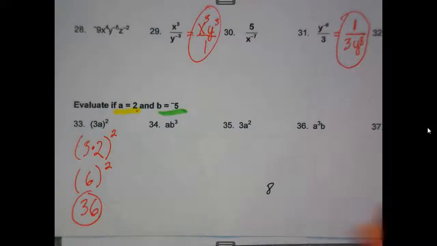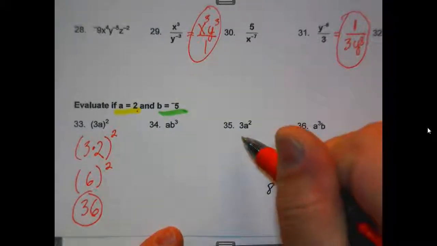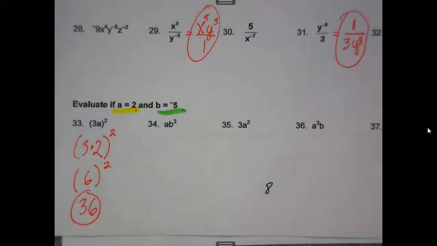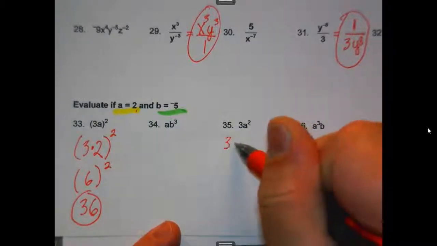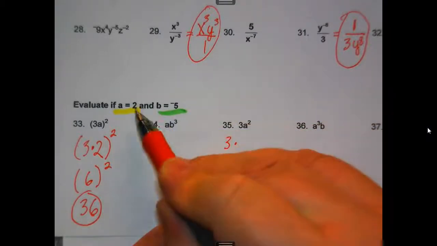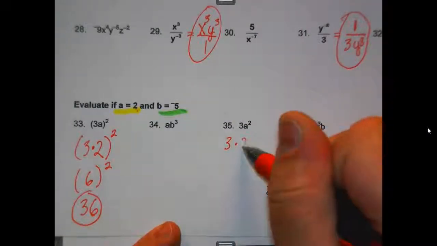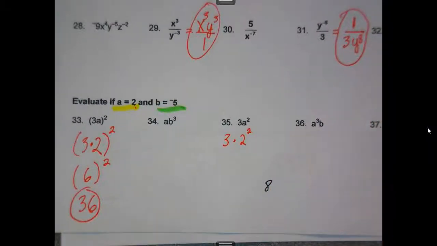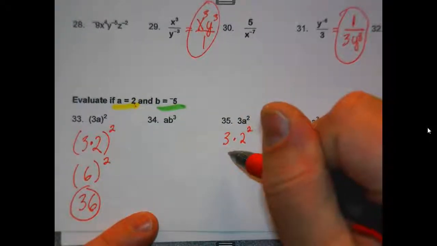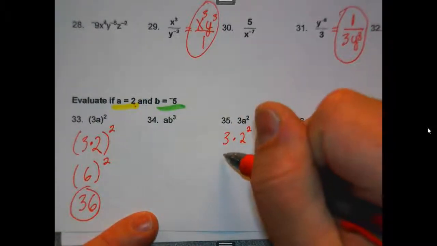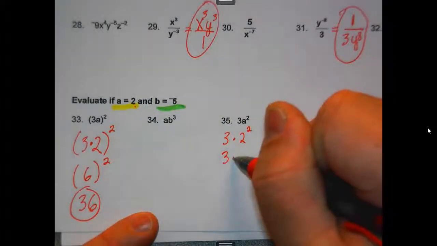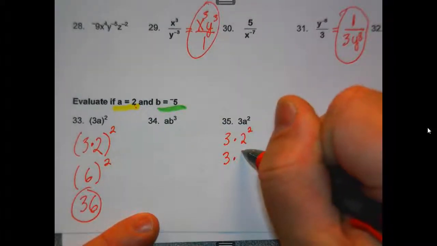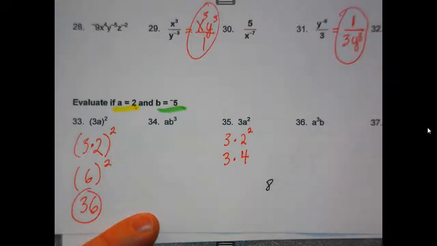35. So I have 3a squared. This time the 3 and the a are not in parentheses, right? So I have 3 times a, which is 2 squared. What do I do first here? Exponent, right? Parentheses, exponent, multiply, divide. So exponent, what's 2 squared? 2 times 2.